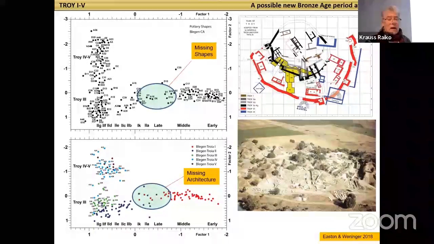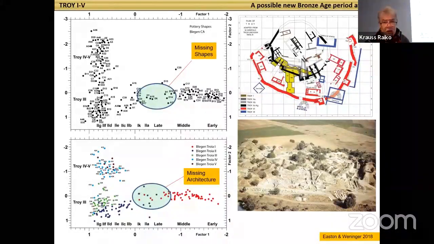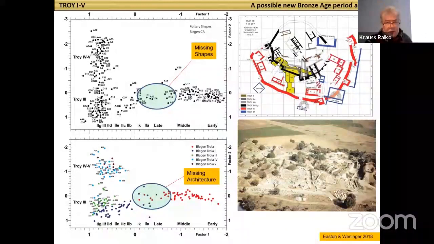If we go into the architecture at the same time in the different picture, we can see, yes, the lack of density is also in the architecture. So we can guess, just as a guess, explorative testing, that there might be something missing here, which would be quite natural at Troy, with Schliemann having taken away so much of the site and Bleden having, of course, excavated selectively. He didn't excavate everything, so there could be parts of Troy we haven't excavated yet, and it could be just exactly in the transition from Troy 1 to Troy 2.